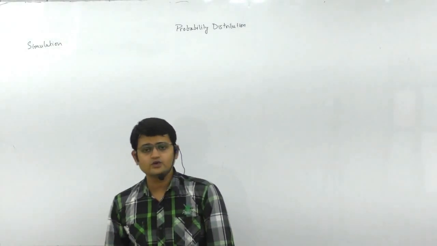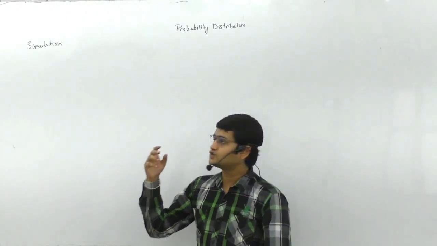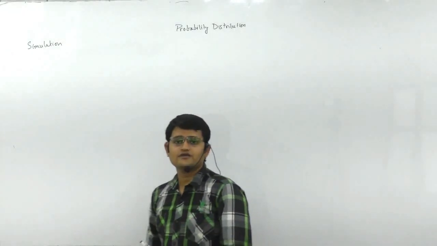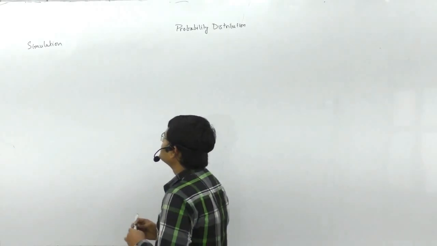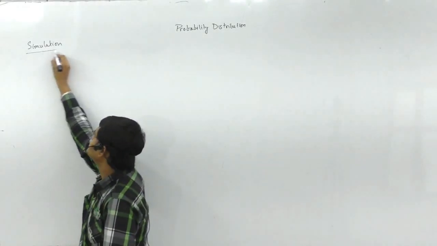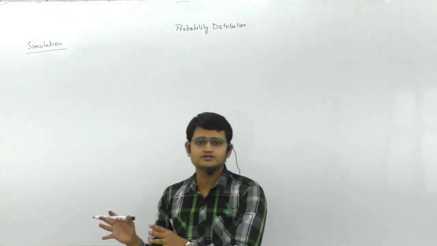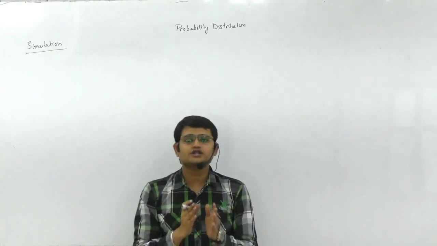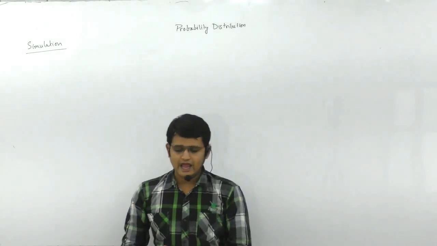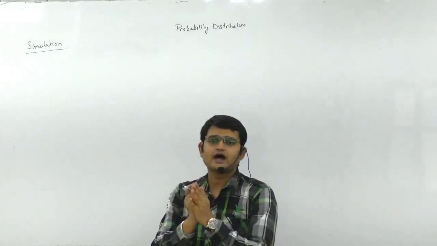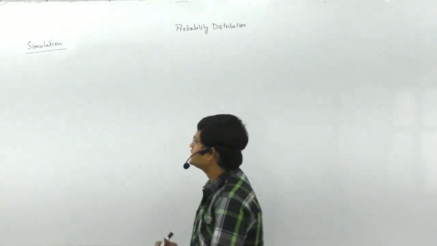So therefore, what we do is we simulate those numbers into the range that we need our values to be. That is our next topic, simulation. So we take some random numbers from those random number books. Here in our question, they'll give you those random numbers, and then we simulate them into values in our particular range.